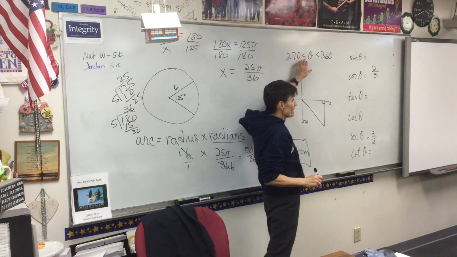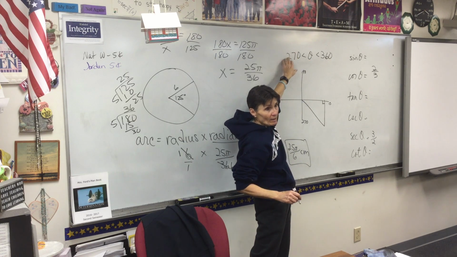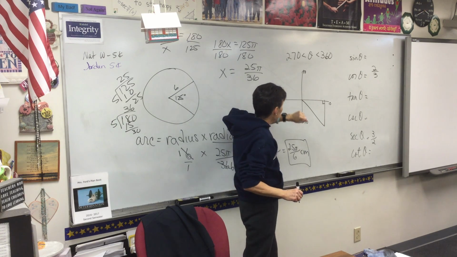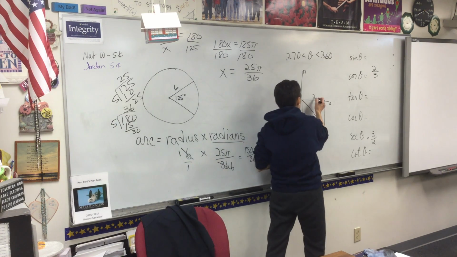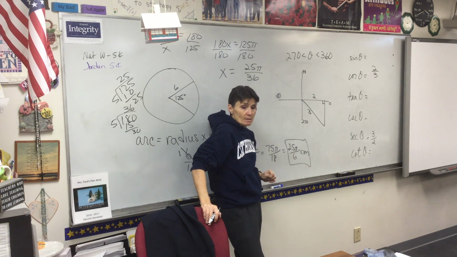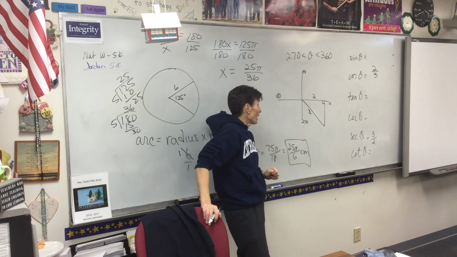So what does this tell me? It tells me where to draw my picture. Now I know the cosine is 2/3. Okay? So I marked adjacent as 2 and hypotenuse as 3.